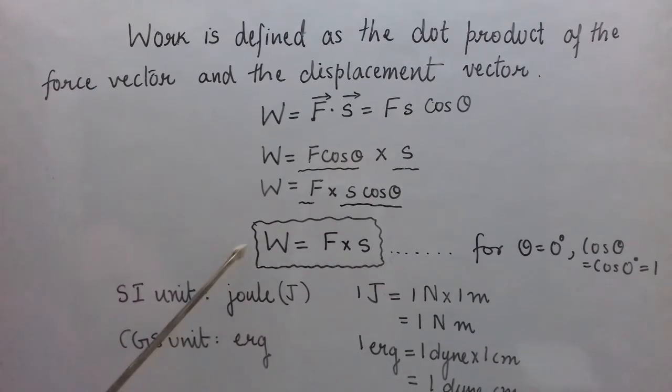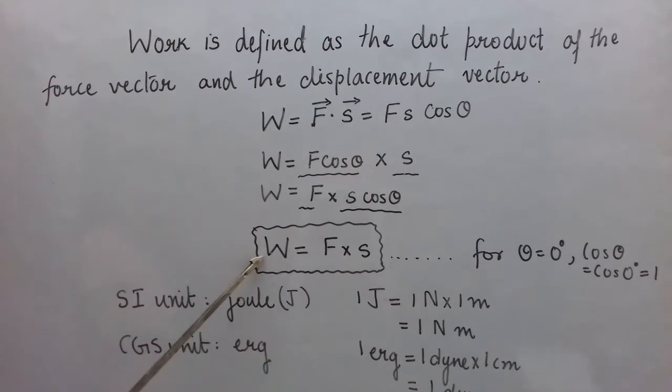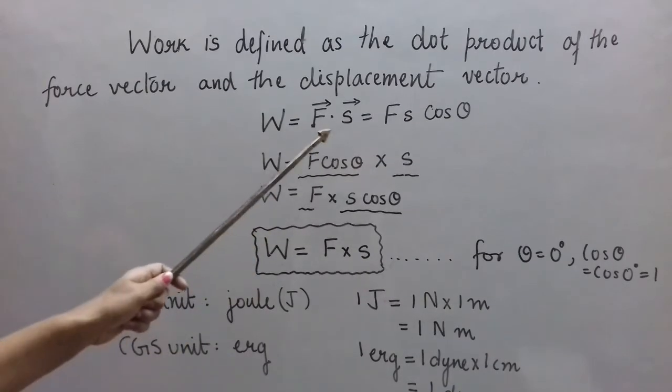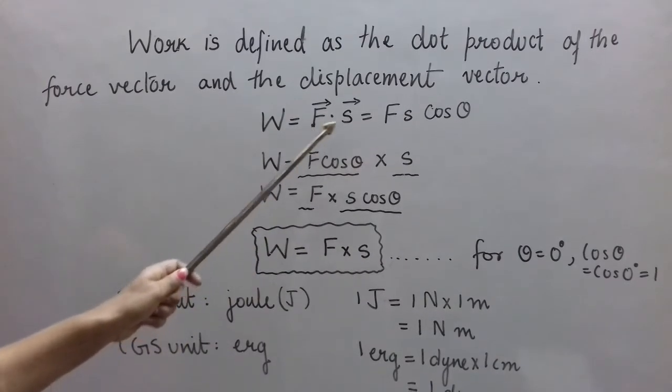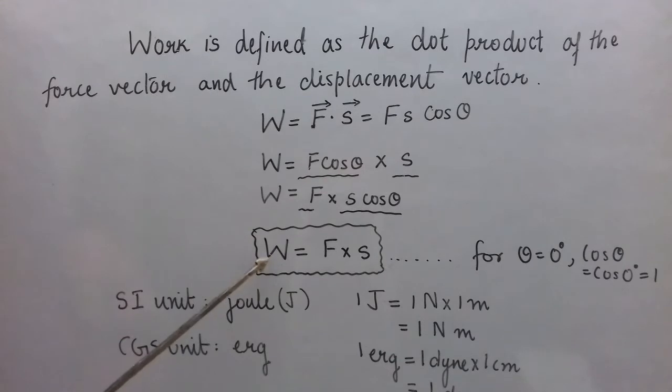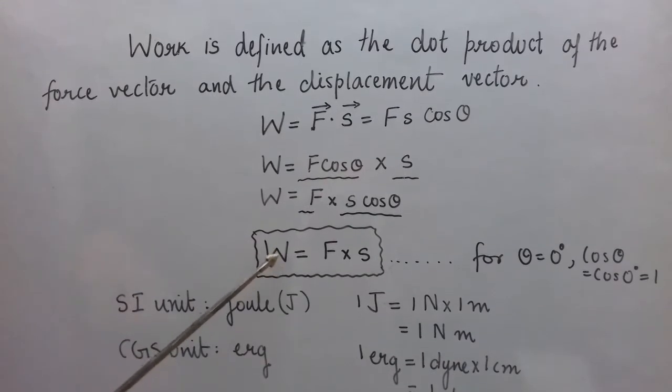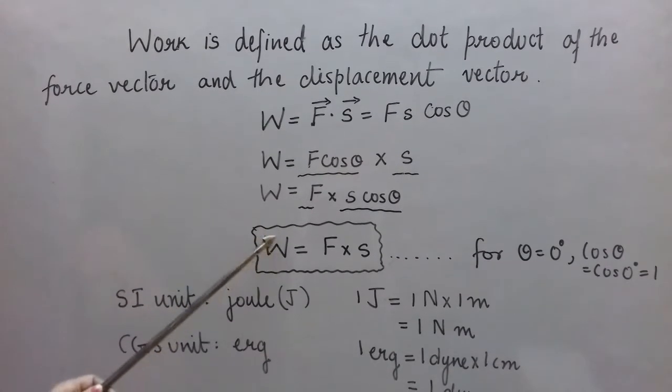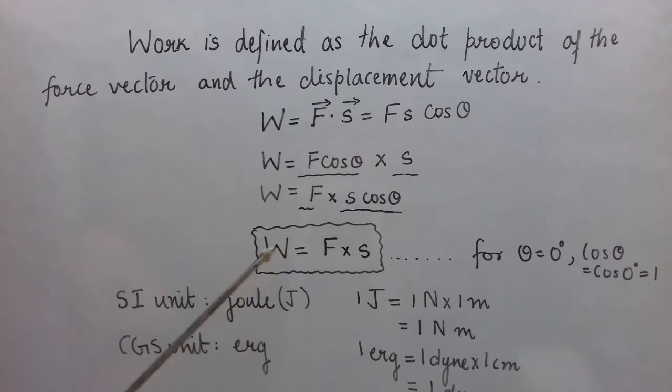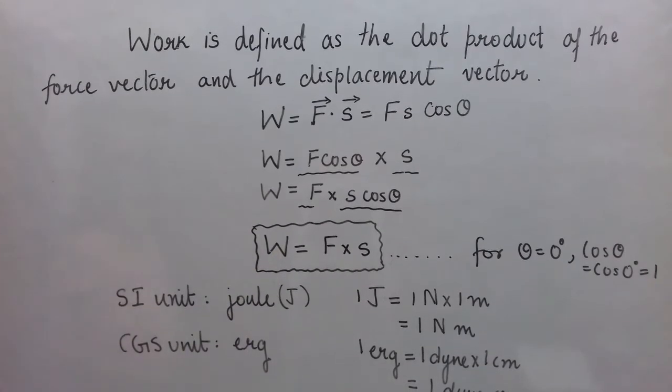Now if I ask you, is work a scalar or a vector? You know that as it is a dot product or scalar product of these two vectors, it is a scalar quantity. So work is a scalar quantity represented by capital W. Now let us talk about its units.